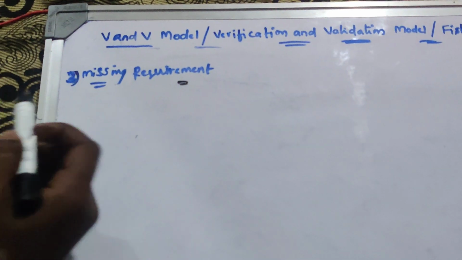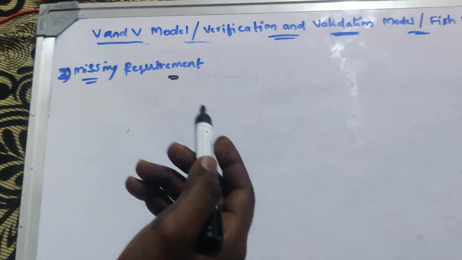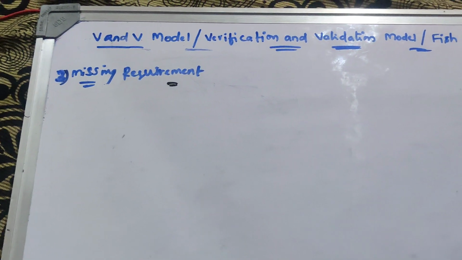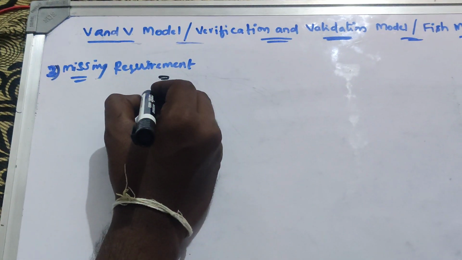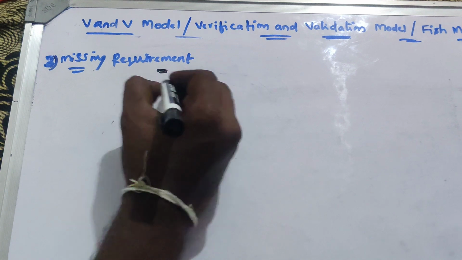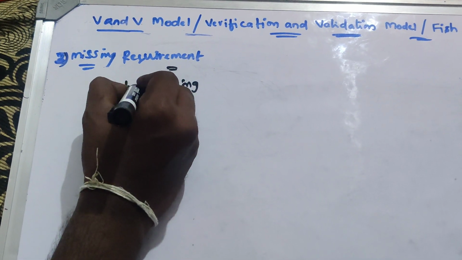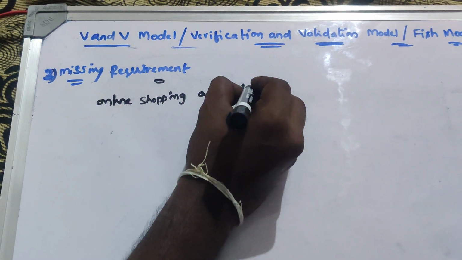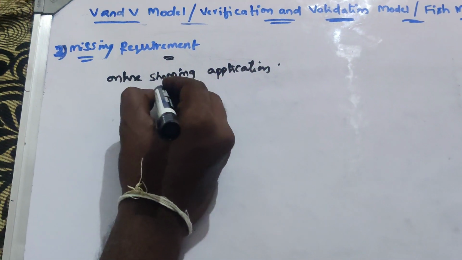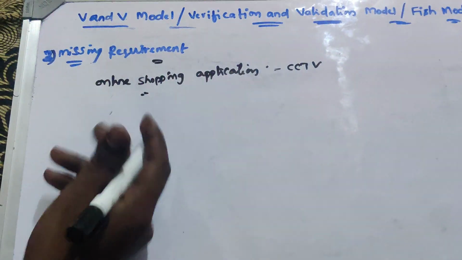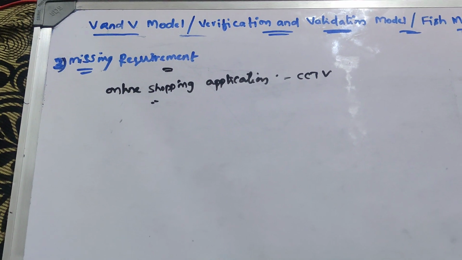Now we are going to discuss the third type of defect, that is missing requirements. Suppose we have an online shopping application, and the name of the application is CCTV.